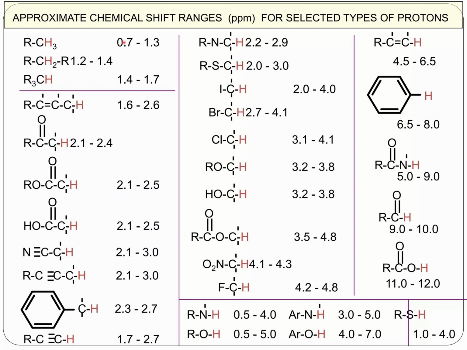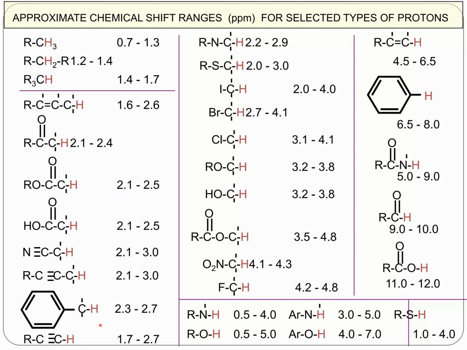So approximate chemical shift ranges for selected types of protons are shown here. You can see the range for carboxylic acid, aldehyde, and amide. For benzene, you can see it is around 7. For the aromatic compounds it is 4 to 5, 6.